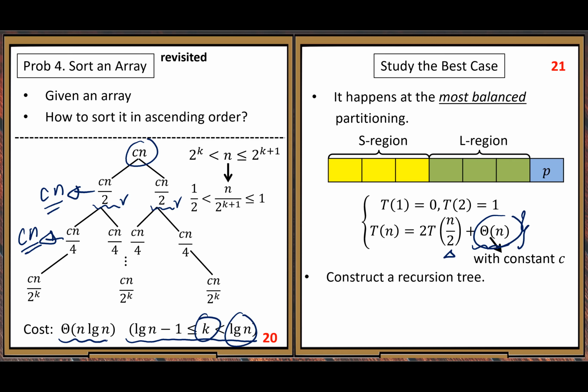But that is for the best case. The average case is also close to this best case, but really hard to do analysis on it. Because we cannot control how the partitioning is, its actual states for different inputs.